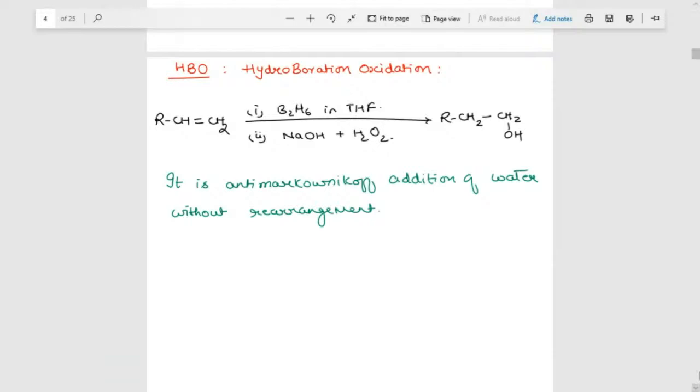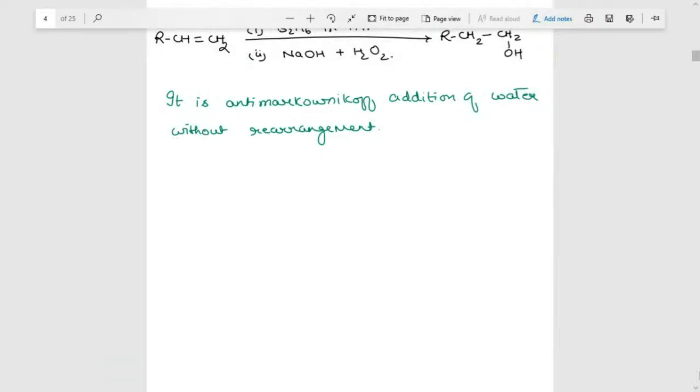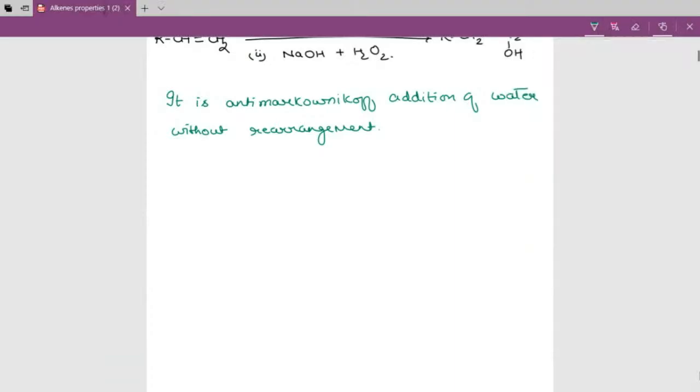So how does the reaction proceed? First, let me tell you the purpose of this THF. As you all know, BH3 exists as a dimer, B2H6. When it is B2H6, it cannot act as my required Lewis acid to attack alkenes.